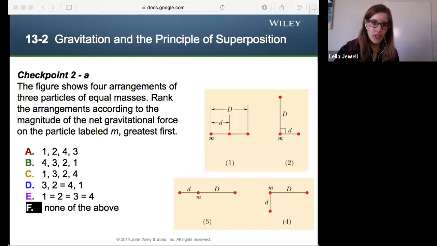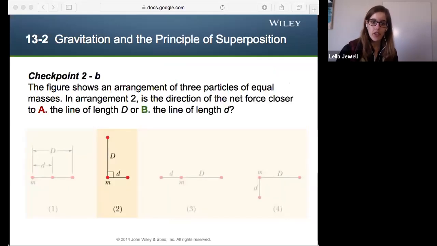Part B of the question says the figure shows an arrangement of 3 particles of equal masses. In arrangement 2, is the direction of the net force closer to A, the line of length capital D, or B, the line of length little d? I want you to think on this as well. So come up with an answer to part A and to part B. You can pause to make sure to do that.